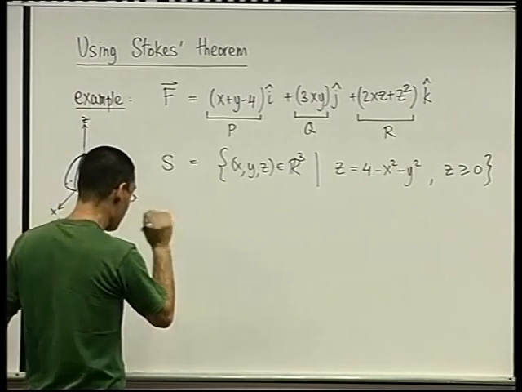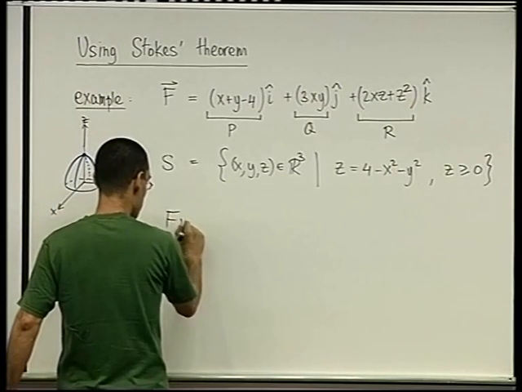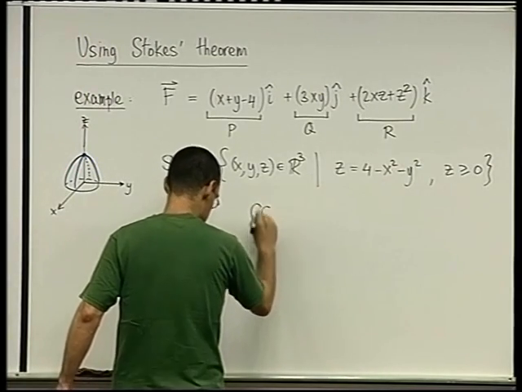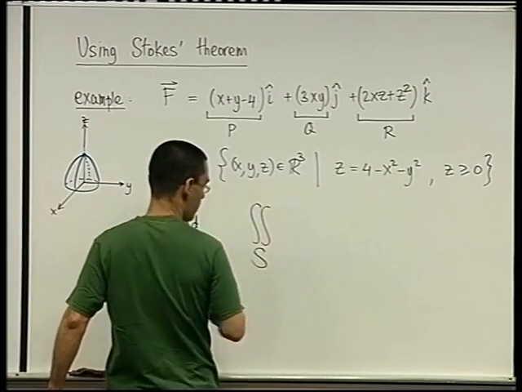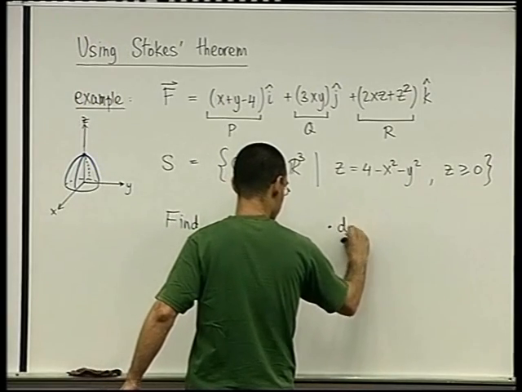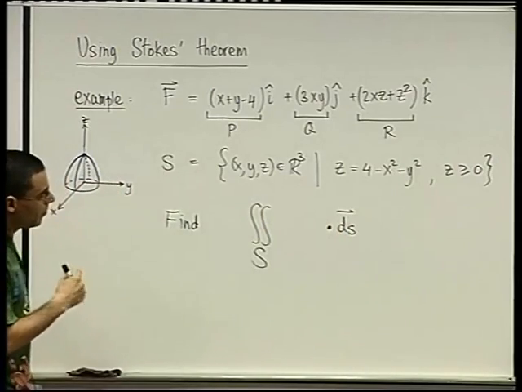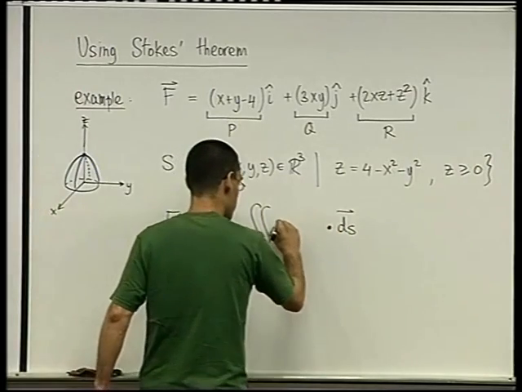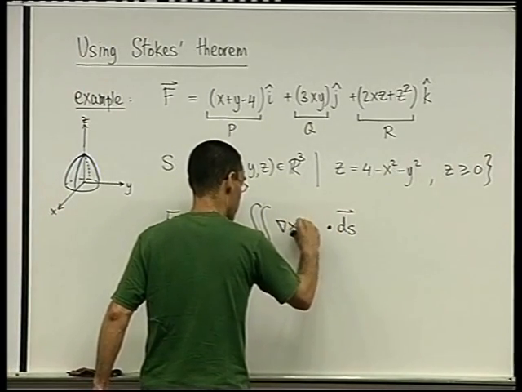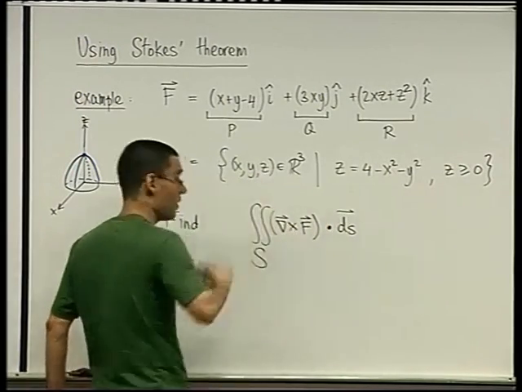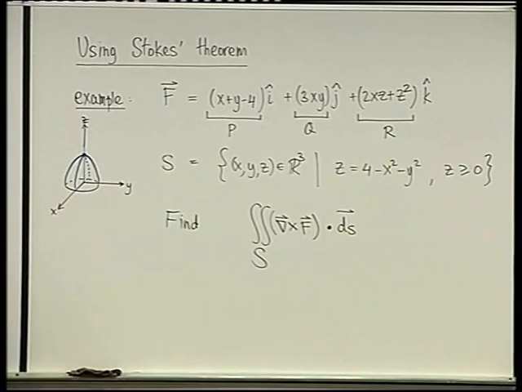And what do we want to calculate? So find, so this is the example, the surface integral over the surface S of, you would guess F, but in this example we want to find the surface integral of the rotor, the curl of F, dot dS, which is a different field. Okay, so this is the example, and we're going to solve it in 3 different ways.